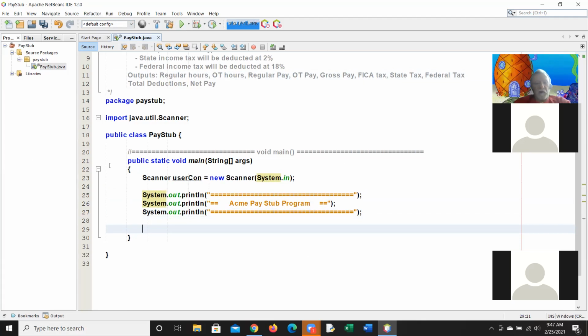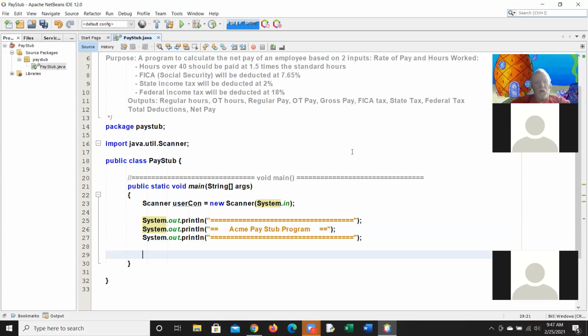So I like that. Now I'm going to need some constants. I'm going to need quite a few constants. And looking at my list up here, what do I need constants for? Can anybody think of any constants I need?